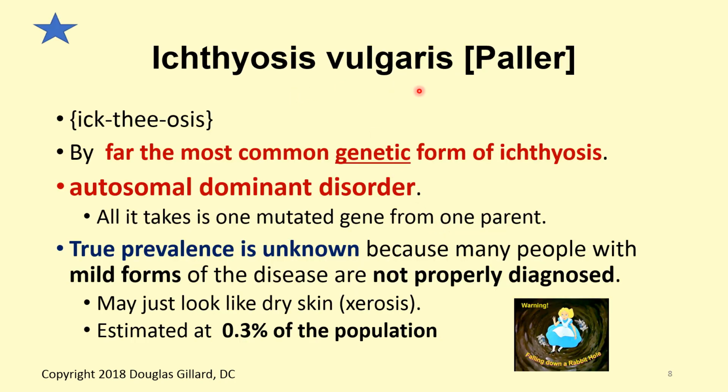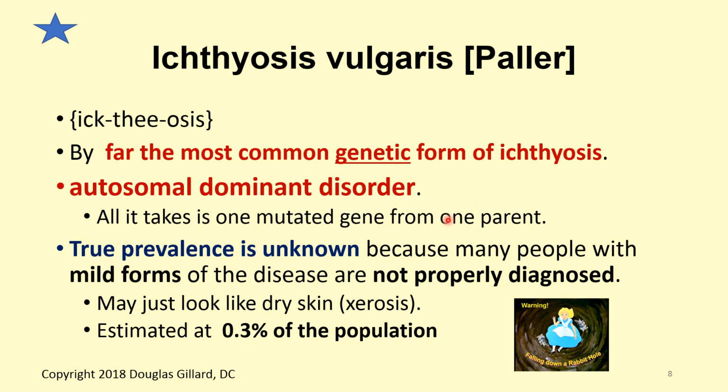Ichthyosis vulgaris, let's fall down a rabbit hole and talk about that a little bit. This is by far the most common genetic form of ichthyosis. It is passed on by your parents. It's an autosomal dominant disorder, meaning all it takes is one mutated gene from mom or dad and you have the condition.